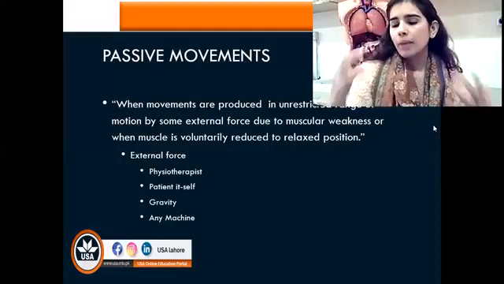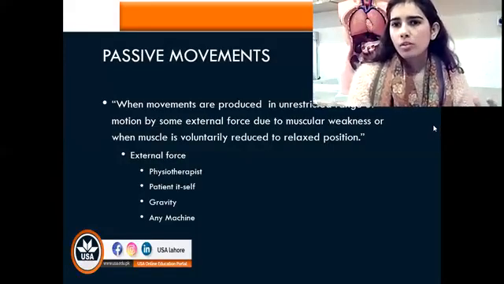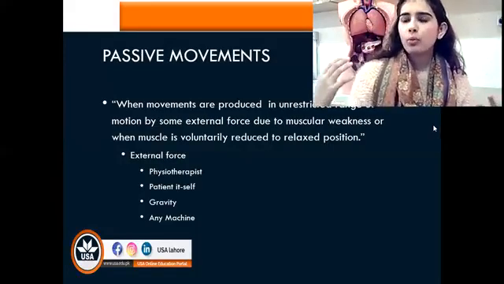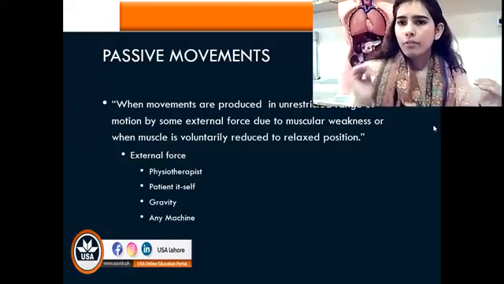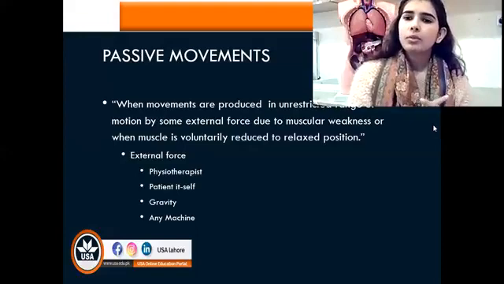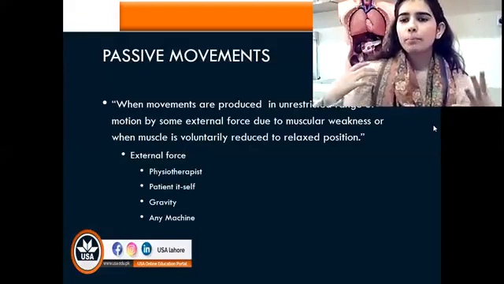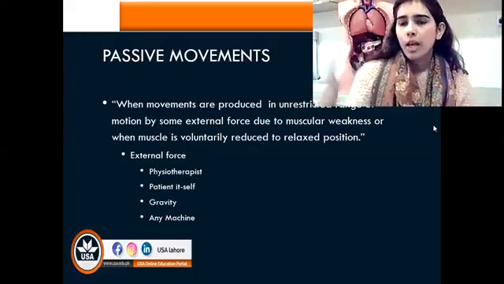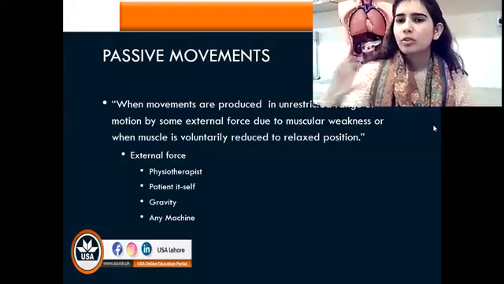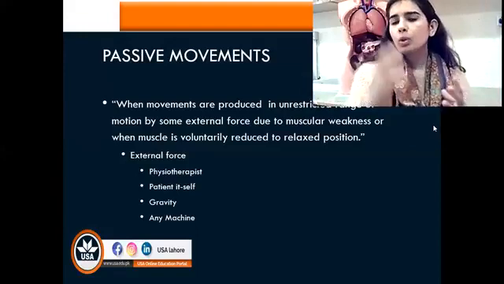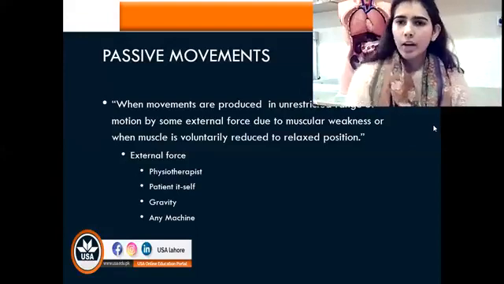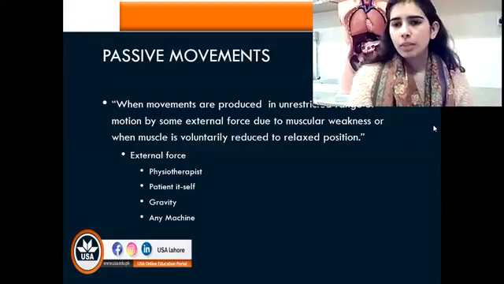We will make the patient lie on the edge of the couch, having the affected shoulder off the couch, and then we will ask the patient to just relax his arm and let the force of gravity act on the joint. That force of gravity will ultimately pull the limb towards itself and make the movement complete.